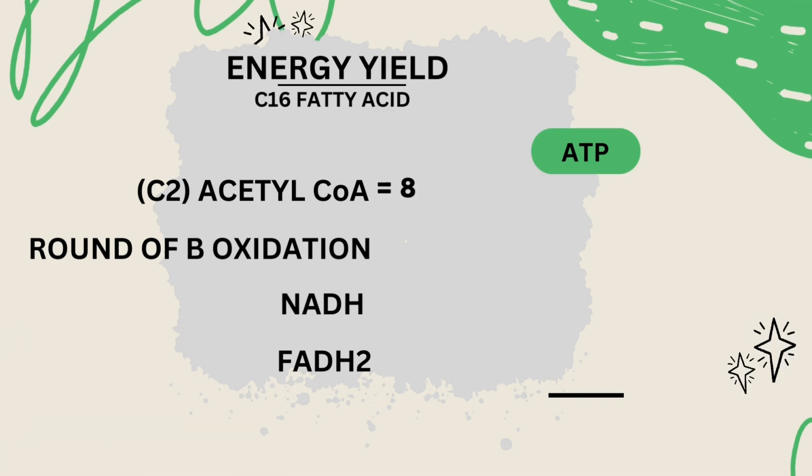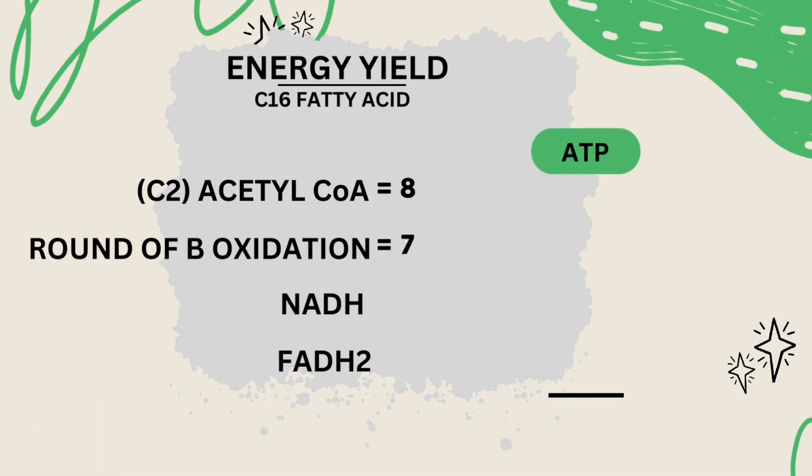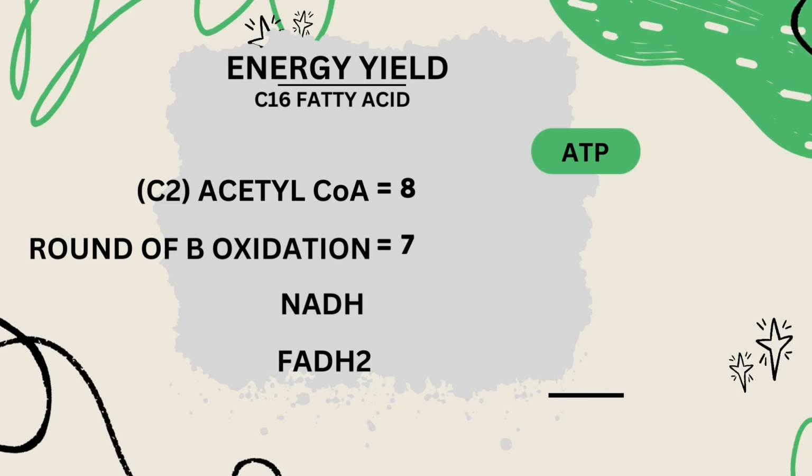How many rounds of oxidation do we need to undergo to get those 8 acetyl-CoA? The answer is 7 rounds, because the last step just breaks off those 2 final acetyl-CoA. So we don't have to undergo beta-oxidation for that final acetyl-CoA. Hence, NADH and FADH2 each have the same number of rounds of oxidation, which is 7.